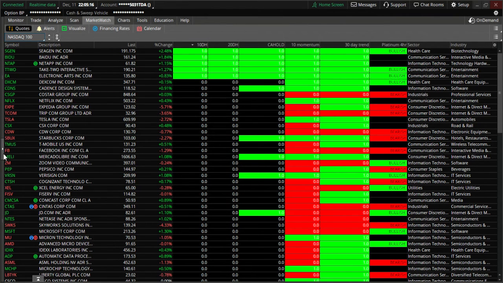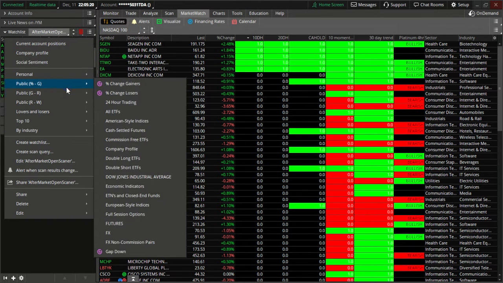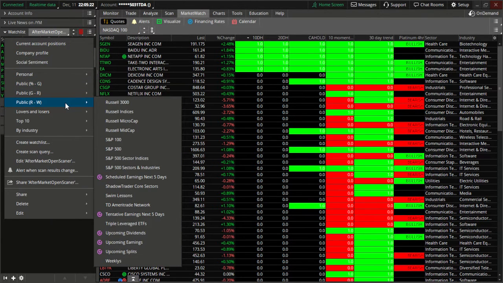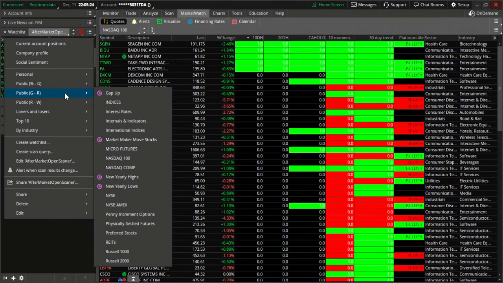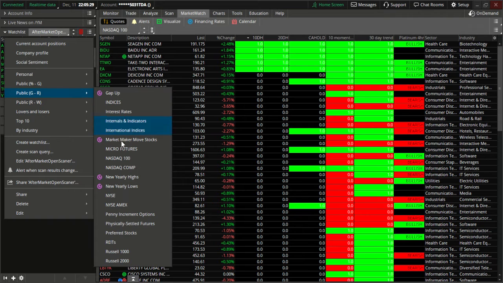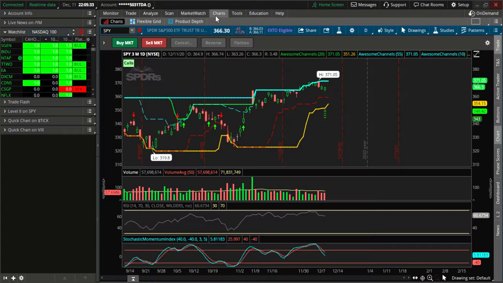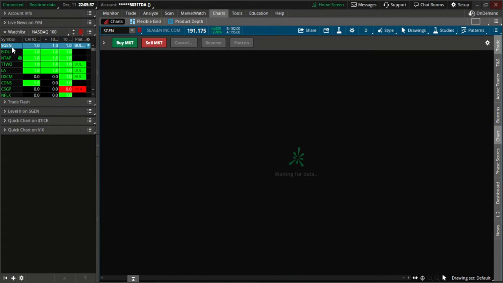So let's look at these guys on the charts. So this is the benefit of learning your platform, learning Thinkorswim, because once you get the Market Watch set up and you can set these indicators up, then you can just click on these symbols.